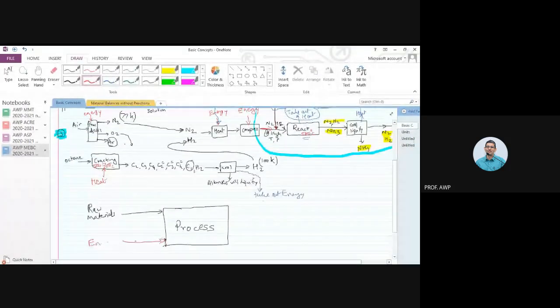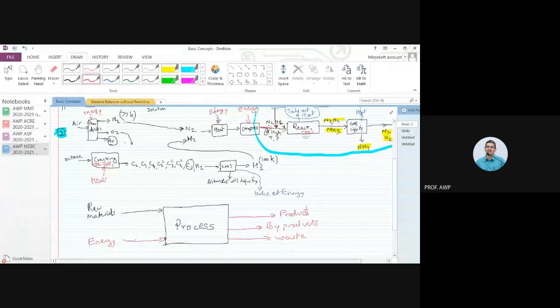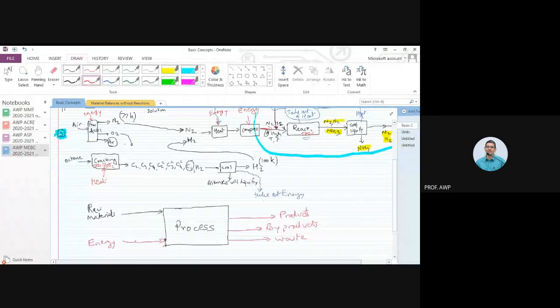Then we will get out our product. There could be byproducts. There could be waste as well. Is that what you're saying?